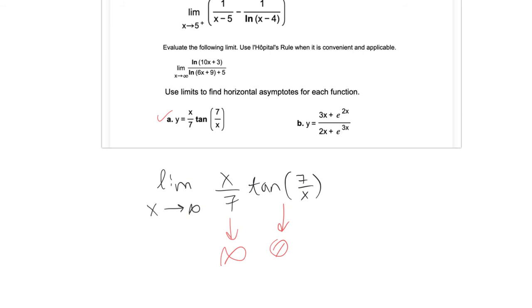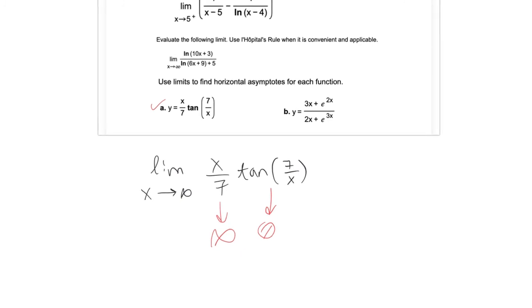So, well, before we do L'Hopital's rule, we'd have to turn this into a single fraction. Now, it's not really a fraction that we can work with yet. So let's see, we would have x times tan 7 over x up top.